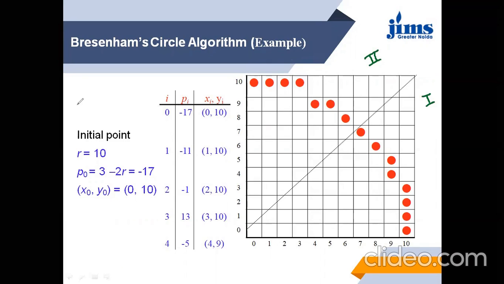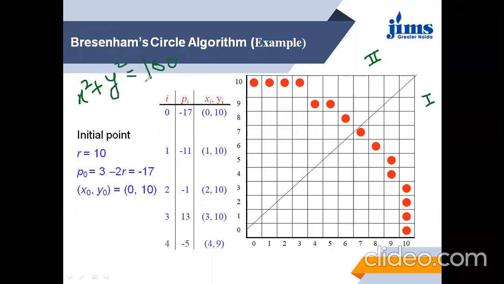So we have to find out the diagram for a circle whose equation is x square plus y square equals to 100.